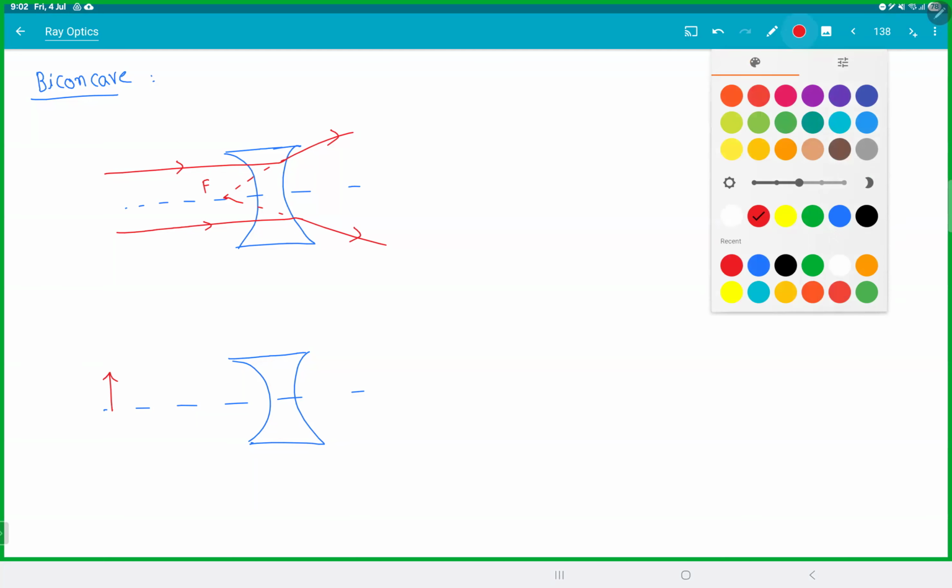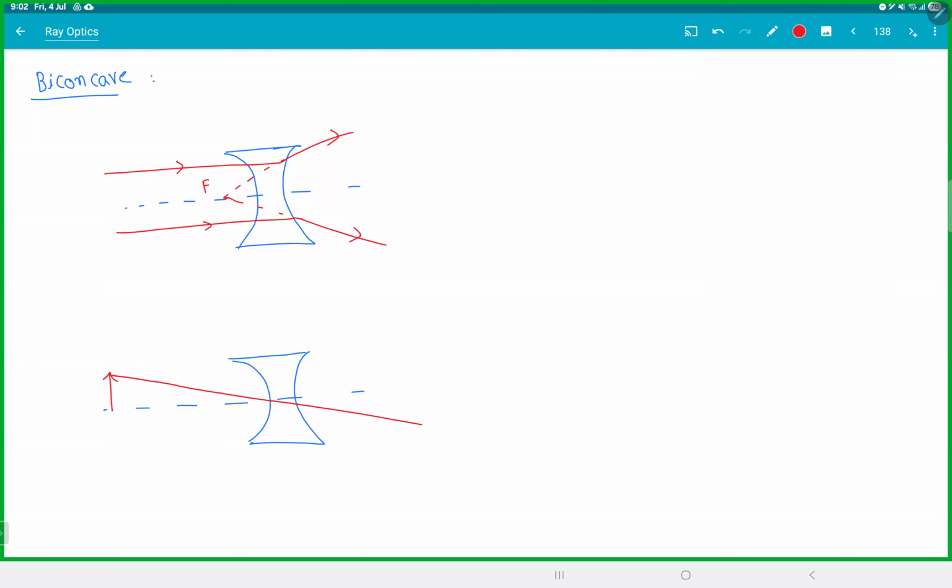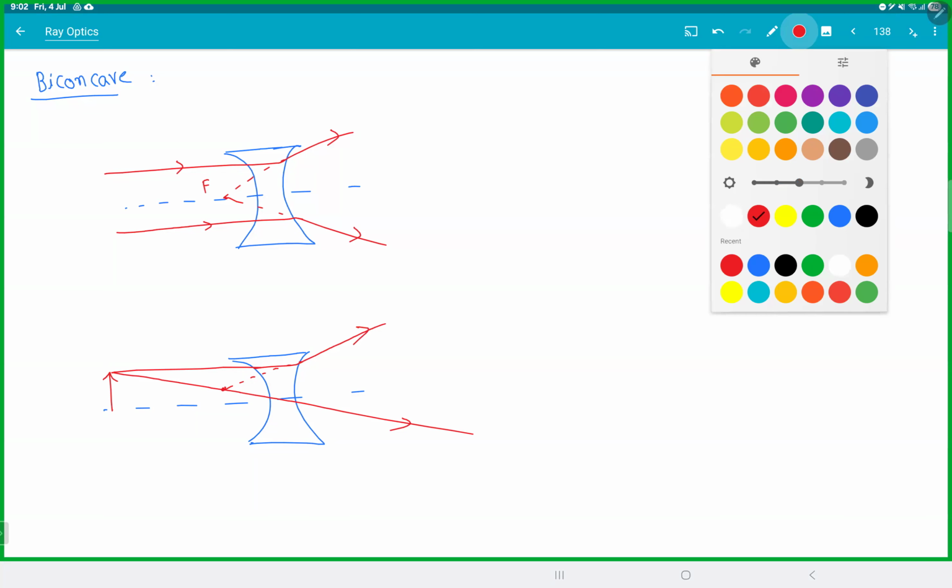If you place the object here, you can send one light ray through the optical center. It will go undeviated. You can send one light ray parallel. This will try to pass through the focus. So the image will form here.